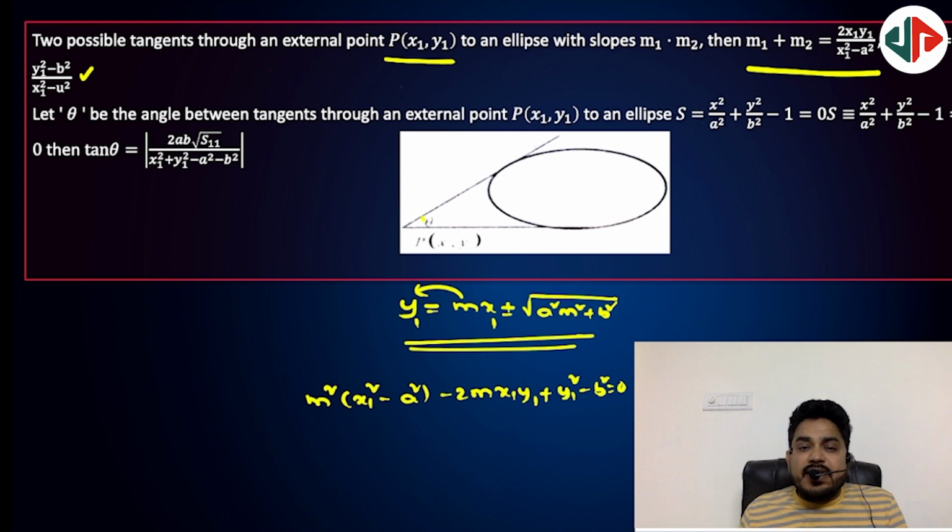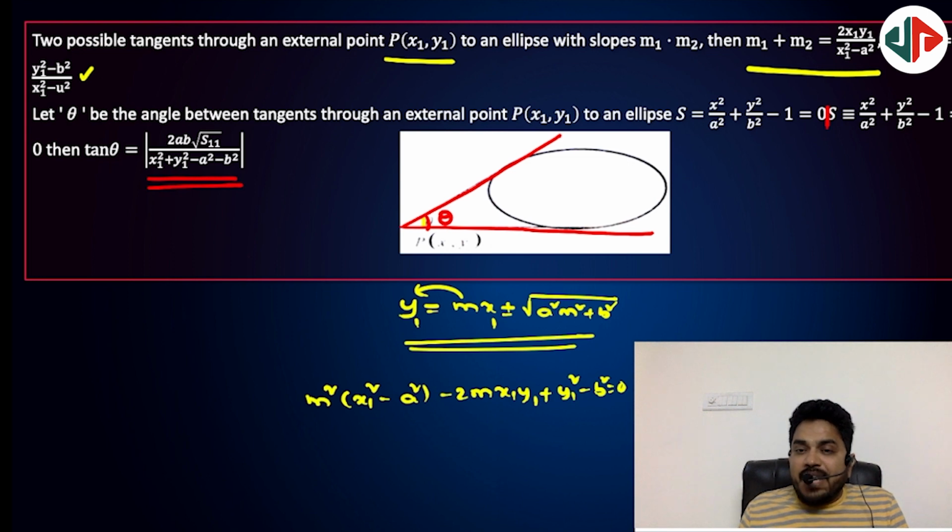And if theta is the angle between the pair of tangents, this is one tangent and this is another tangent, then tan theta is equal to 2ab root S11 by x1 square plus y1 square minus a square plus b square.